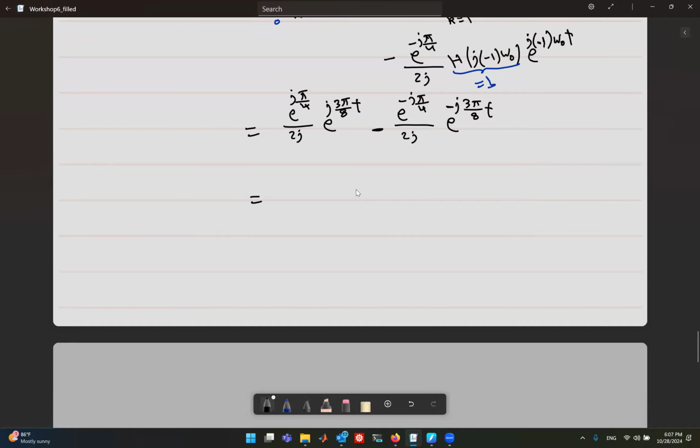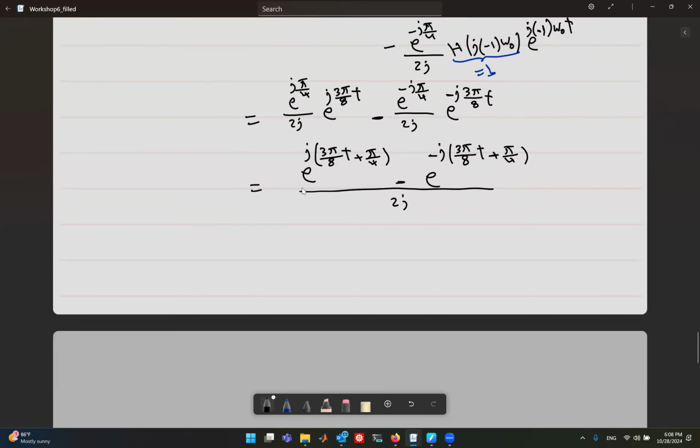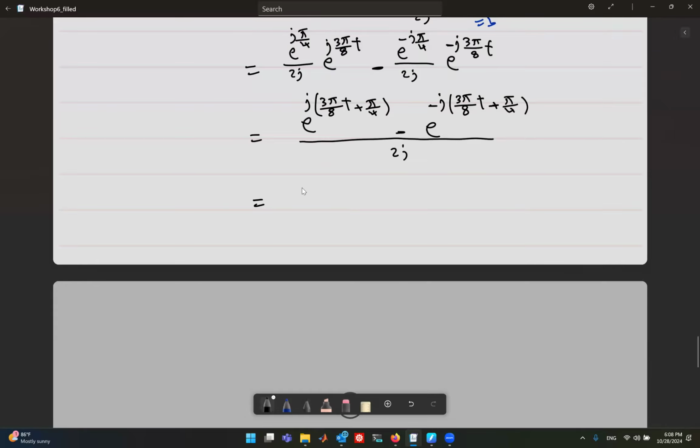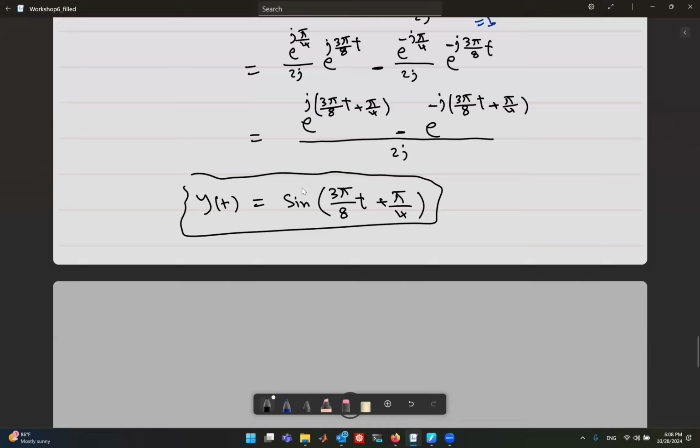Exponential j pi over 4 times exponential j times 3 pi over 8 t plus pi over 4, minus exponential minus j 3 pi over 8 t plus pi over 4, divided by 2j, which is sine of 3 pi divided by 8 t plus pi over 4. And this is y(t).